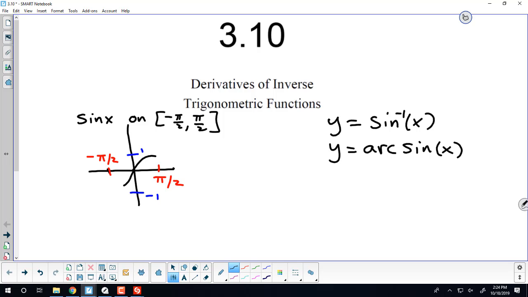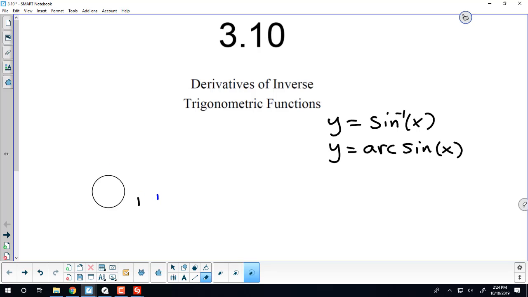So the domain becomes the range, and the range from -1 to 1 on the sine function now becomes the domain, or the input, for the inverse sine. I don't know if you remember any of that, but that's how those things came about.